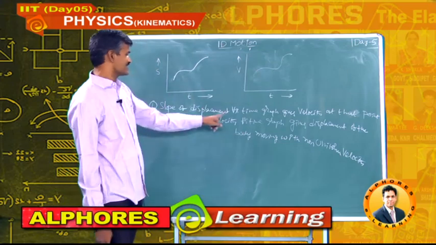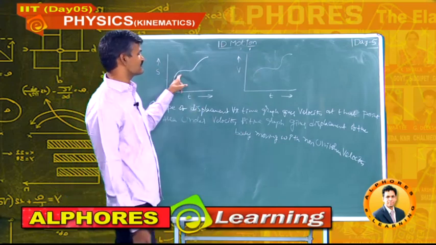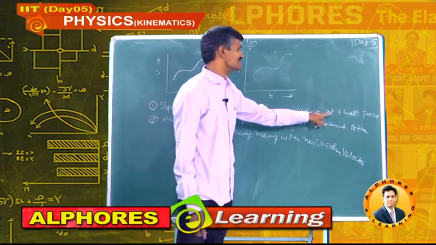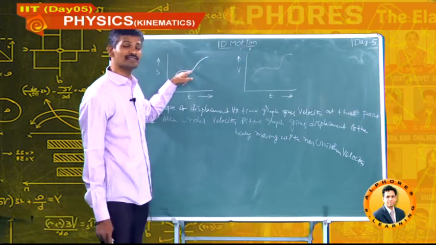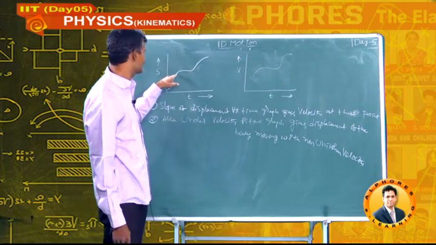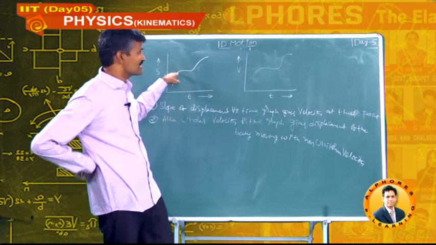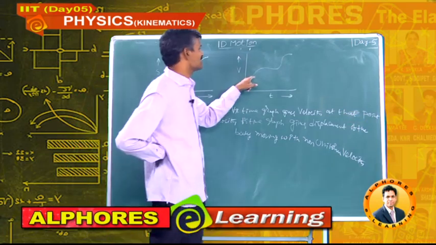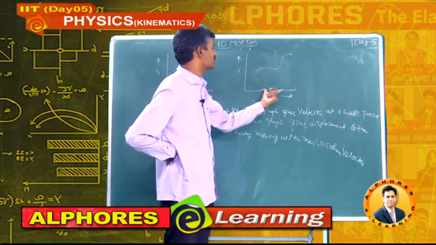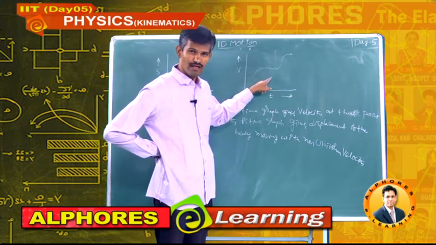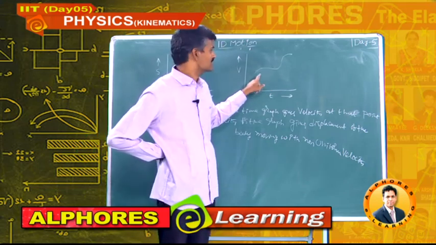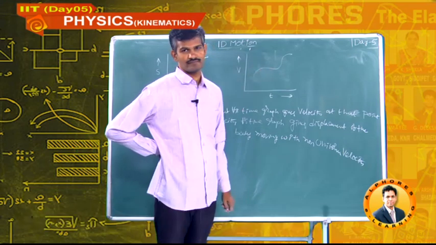I can say one thing: the slope of this displacement time graph gives velocity at that particular point. If you draw a slope like here, that gives velocity at this point. If you draw a slope like here, that gives velocity at that particular point. Similarly, the area under the velocity time graph, if you can calculate the area under this graph, gives the displacement of the body in that particular interval. Okay.